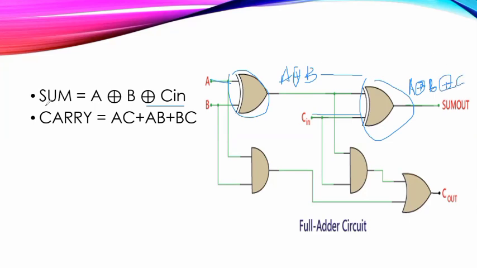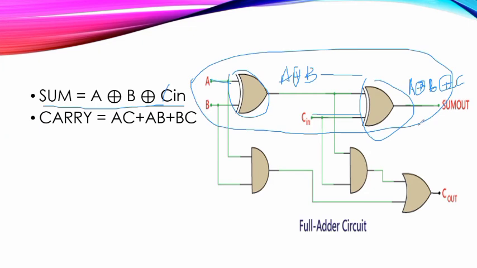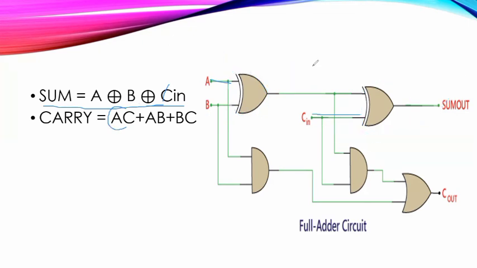The first sum equation is being built using this circuit diagram. Okay. Now for carry, as I told you, A and C. First, we will be solving the term A and C. Before we draw the circuit diagram, we have to further simplify this carry equation. If you can see, there is a common term in both of the equation terms.